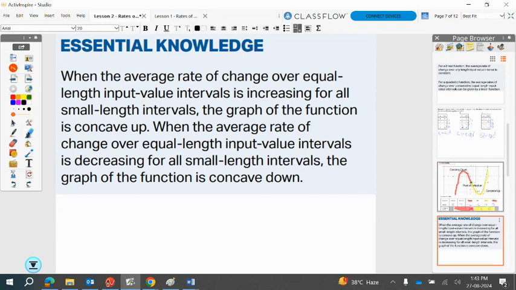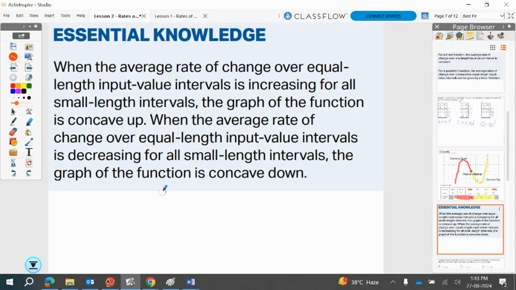So let me just get my highlighter pen there on the essential bits. It is concave down when the average rate of change is decreasing, and it is concave up when it's increasing, so for positive changes.